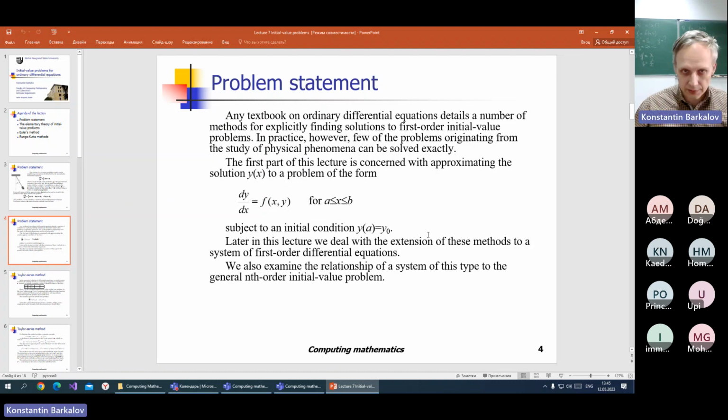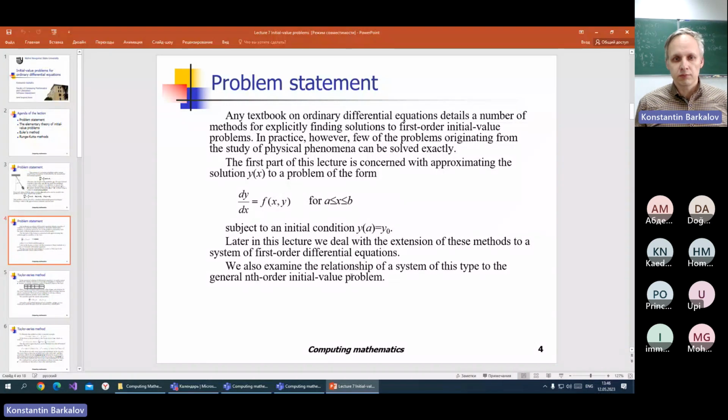In the first part of the lecture, we consider the following problem: how to find the approximate solution to the first order differential equation dy over dx, or y prime, equals f of x, y, subject to the initial condition y of a equals y0.